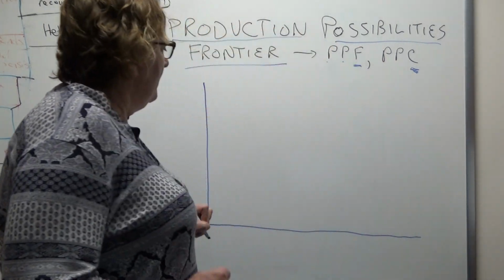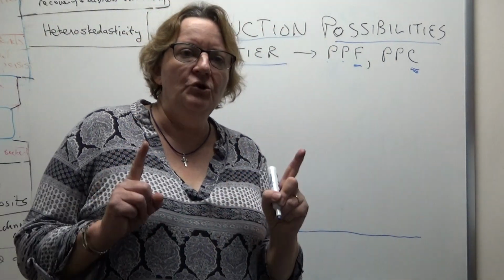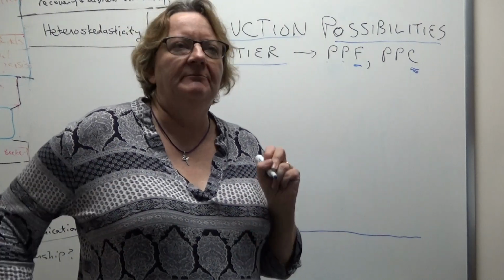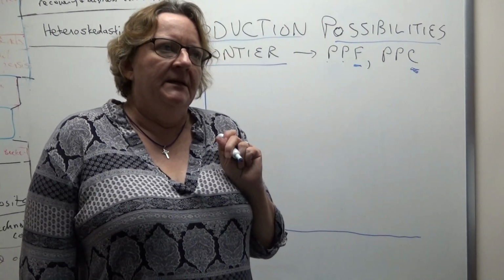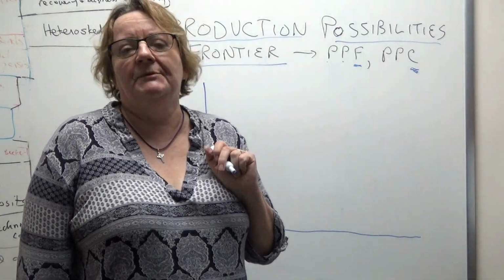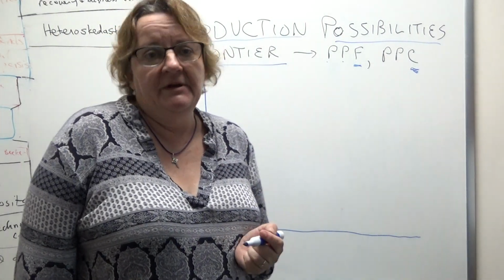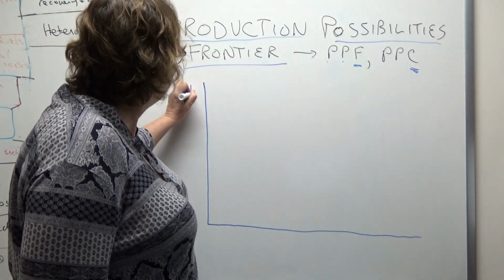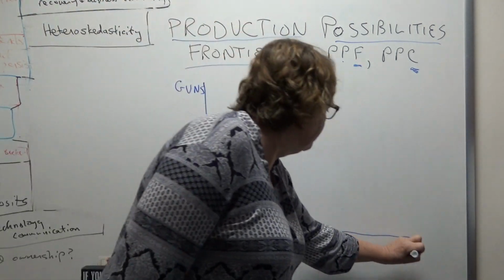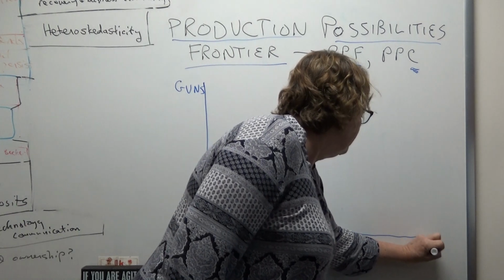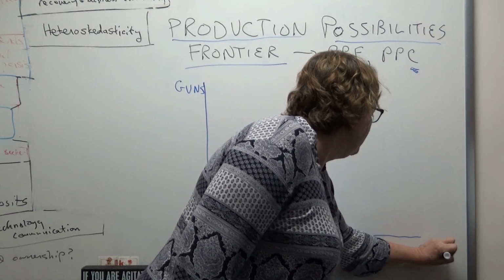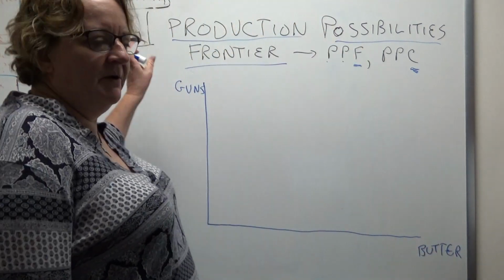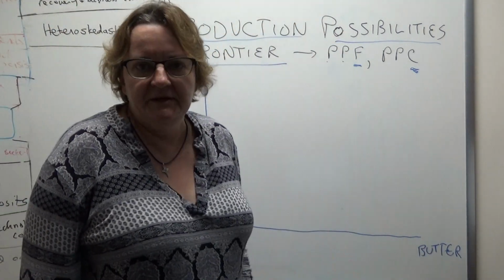Okay. Imagine an economy with only two goods, just so that we can do it on a two-dimensional board. So the classic situation is what they call the guns versus butter trade-offs. And that way we can kind of think of this as military goods versus civilian goods.